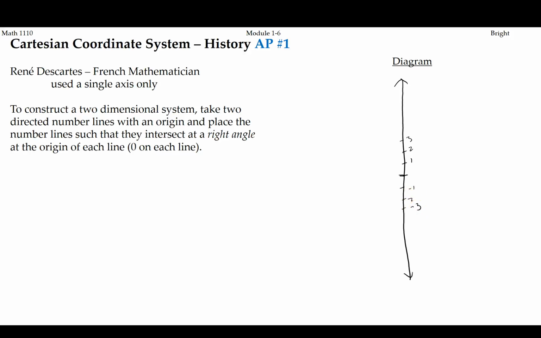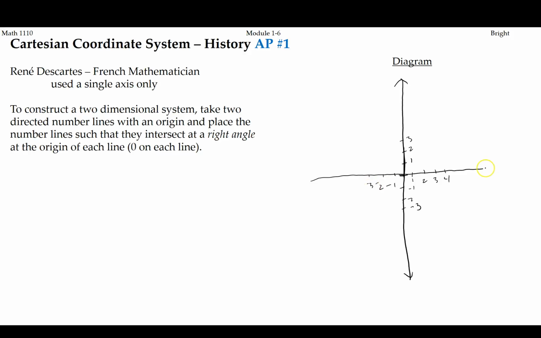And it would continue on in both directions, and then you would take the other number line, again it's a directed number line, and place it so that it makes a right angle. So it would look something like this, and you would need to make sure that they intersect at the origins. So on this axis, here's 1, here's 2, here's 3, here's 4, and then -1, -2, -3.